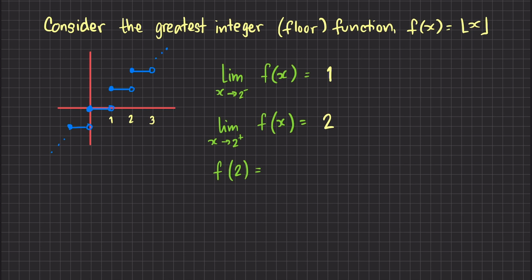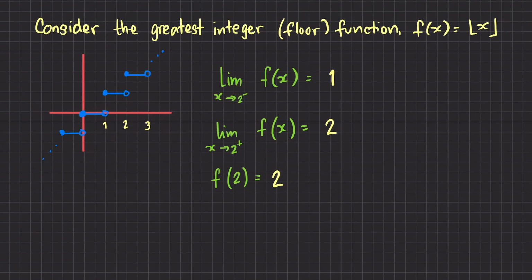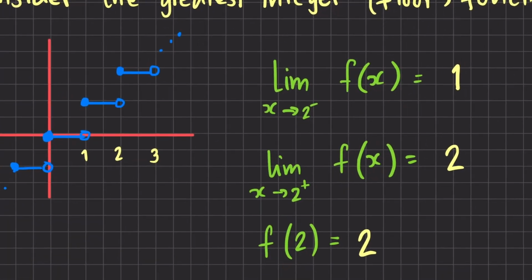If we actually evaluate the floor function of x at x equals 2, then the floor of 2 is, of course, 2. Now, let's zoom in to the graph of our function at ano ba yung gusto nating makita. As we approach 2 from the left, itong section na to nung graph natin, the one that I'm highlighting in red, mula sa point na to, it is continuous, right?